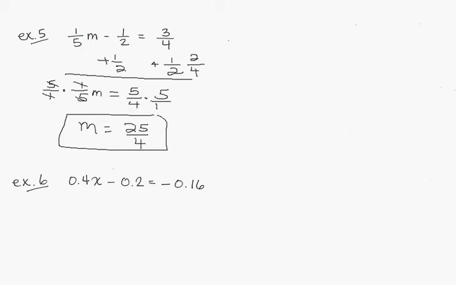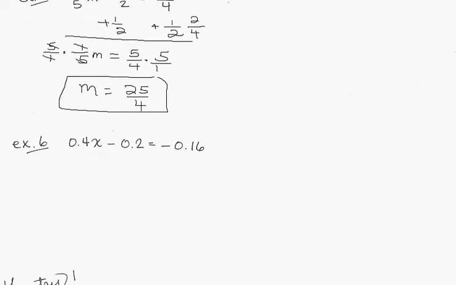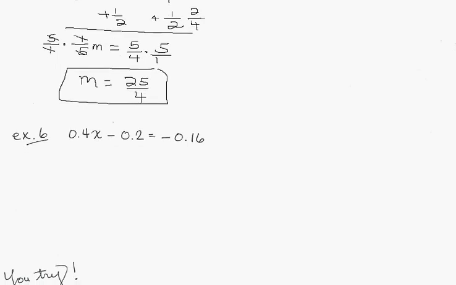And the last one that I'm going to do without you trying by yourself is one with decimals. So do your addition and subtraction first. So I'm going to add my 0.2 to both sides, and that's like 0.20. We get 0.4x equals 0.04.